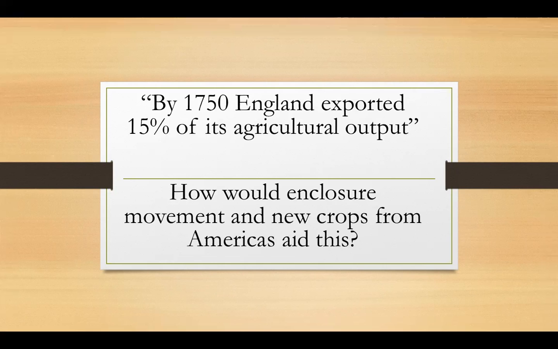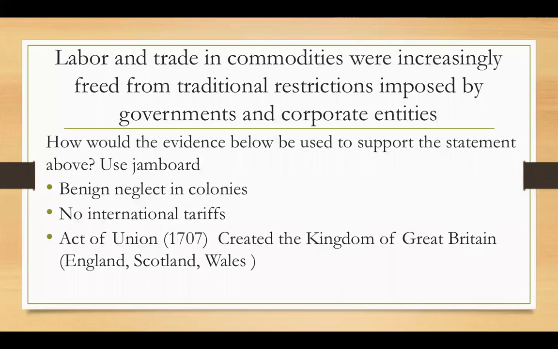So go to slide 4 of the Jamboard and tell me, how would the enclosure movement and new crops from the Americas aid or support or tell us why 15% of its agricultural output was exported? Okay, so pause me and do your slide 4 Jamboard sticky. Okay, next.